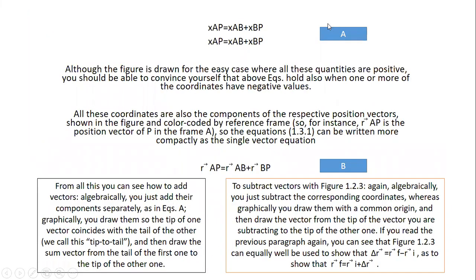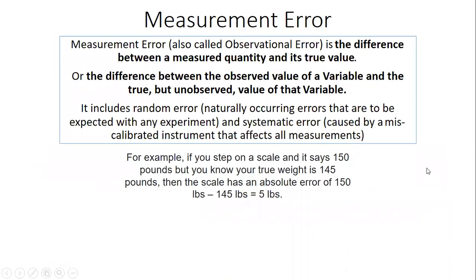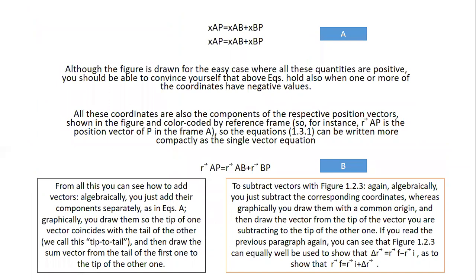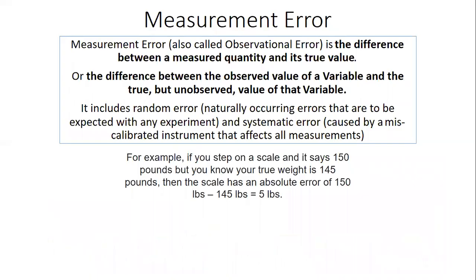This is the equation: X_AP is equal to X_AB plus X_BP. We are going to look more at this reference frames equation on a later date, but we shall understand that reference frames are the reference with which we look at all objects as they move.